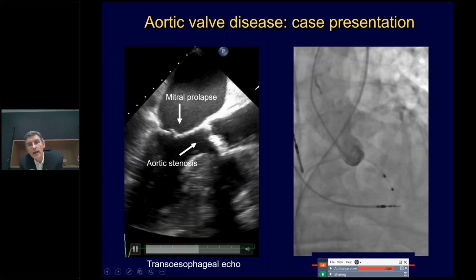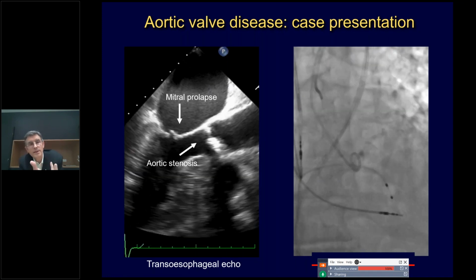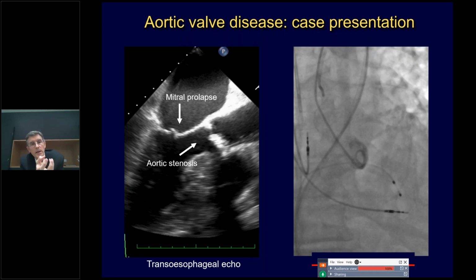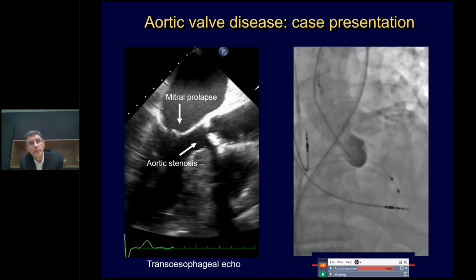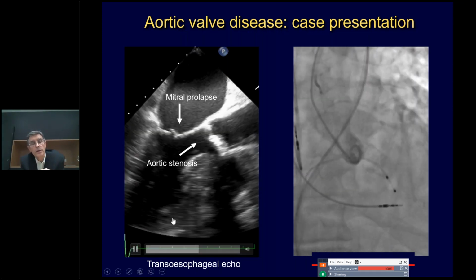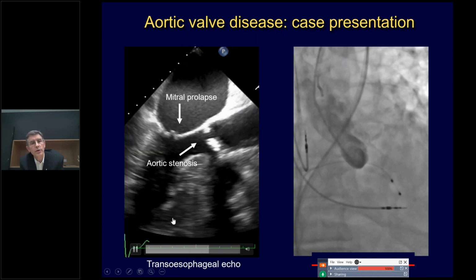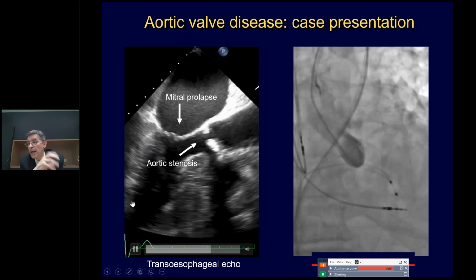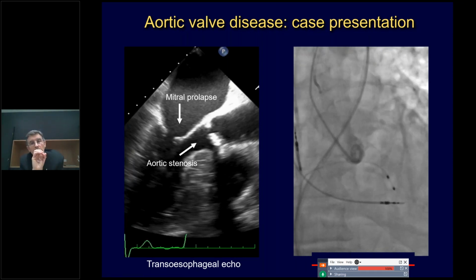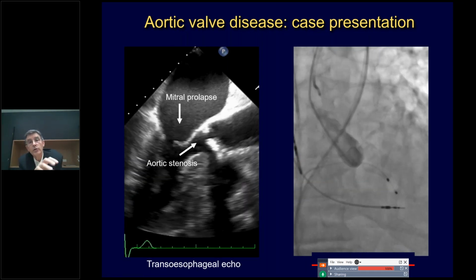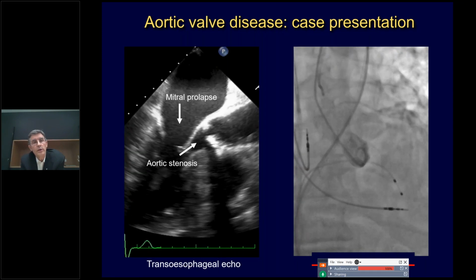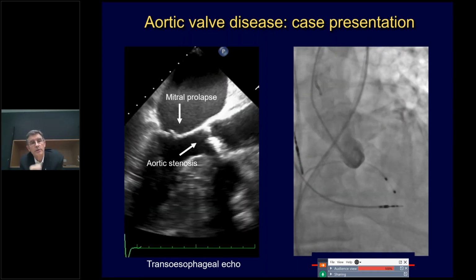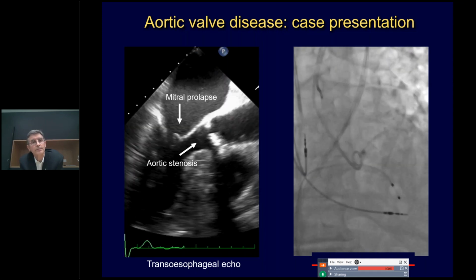You can fix the valve, and you're left still with a stiff, non-compliant, poorly relaxing left ventricle that can still leave the patient breathless with exertion. So it's important to note that it doesn't really make much difference to the procedure, but it does make some difference to the likelihood of getting a really good clinical result, or whether you've got somebody who has had a successful procedure but remains breathless because of their diastolic dysfunction.